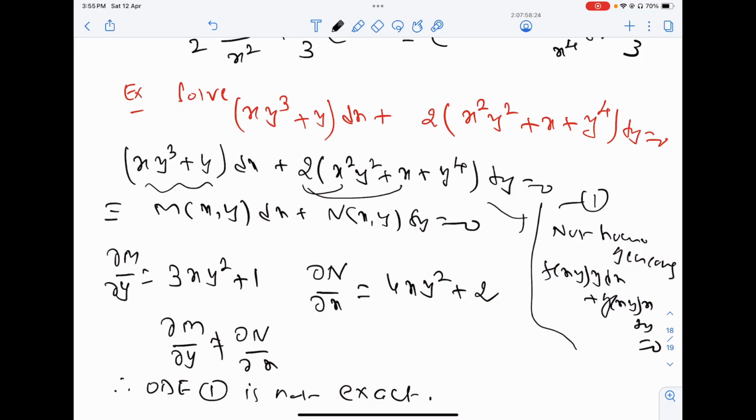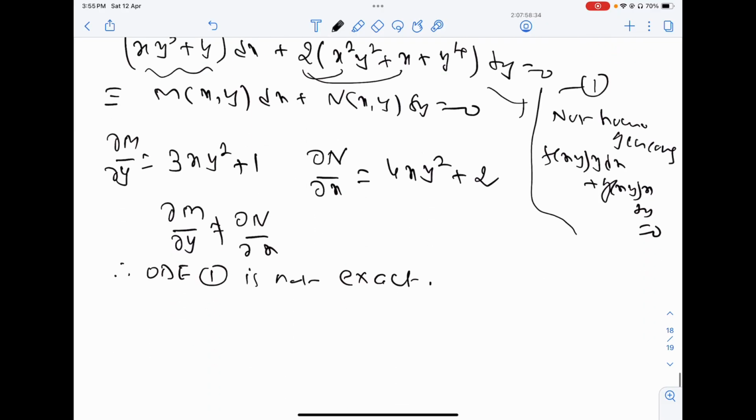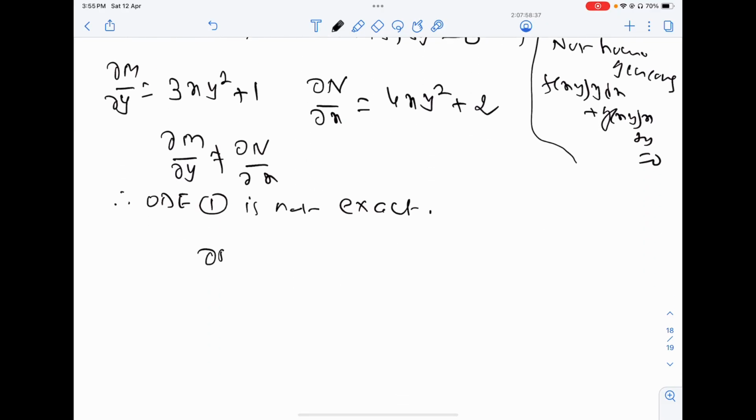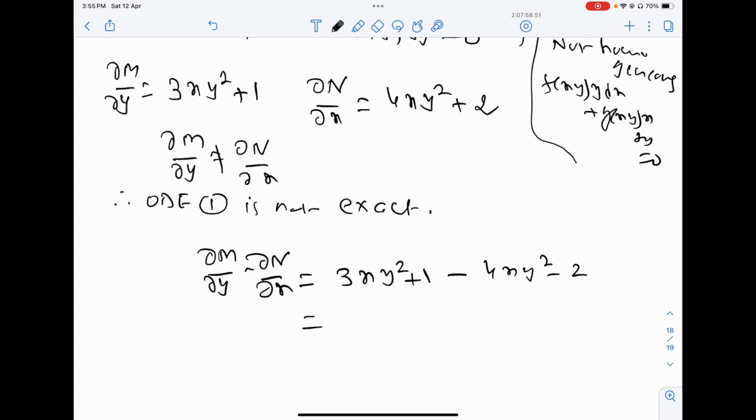So we have either 1 upon M times del M by del y minus del N by del x, or 1 upon N times del M by del y minus del N by del x. So del M by del y minus del N by del x, let us do that. That is 3xy square plus 1 minus 4xy square minus 2. So this is a minus: xy square plus 1, 3xy square minus 4xy square is minus xy square, and 1 minus 2 is minus 1.